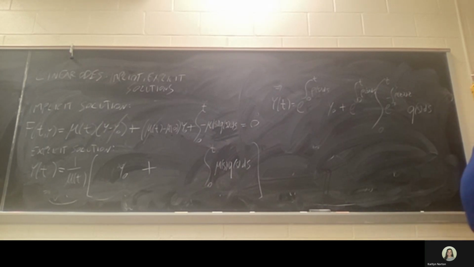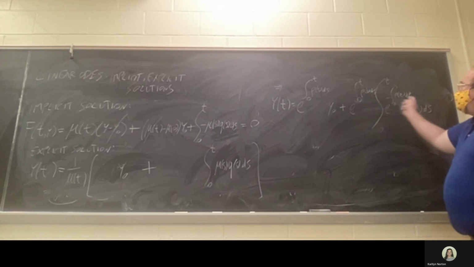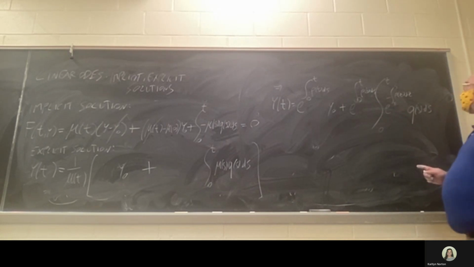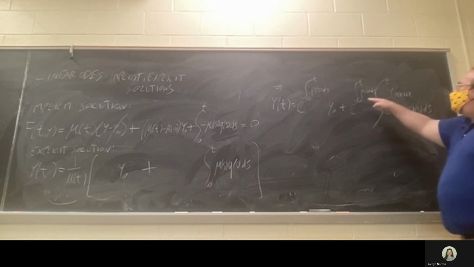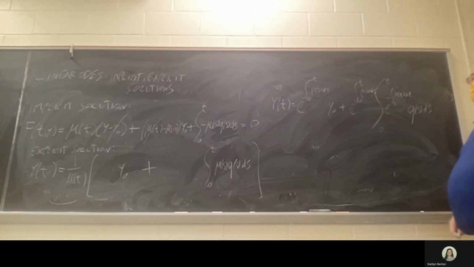One more thing I can do is combine these integrals into one. Because here I have the integral from s to 0, 0 to t. But I can flip the limits and get rid of a minus.